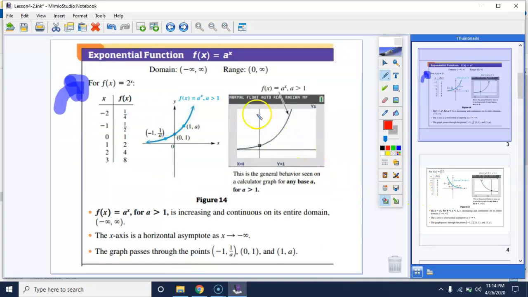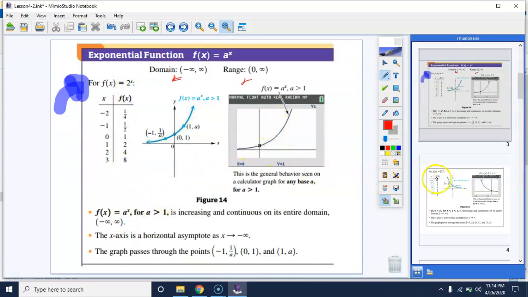So here, exponential function. There are some rules here to graph, and you can see domain and range as you see here. But I don't go this way. I always go to Desmos, graph, and make the conclusions, all right? If you have a to the x power and a is bigger than 1, this is how it looks.